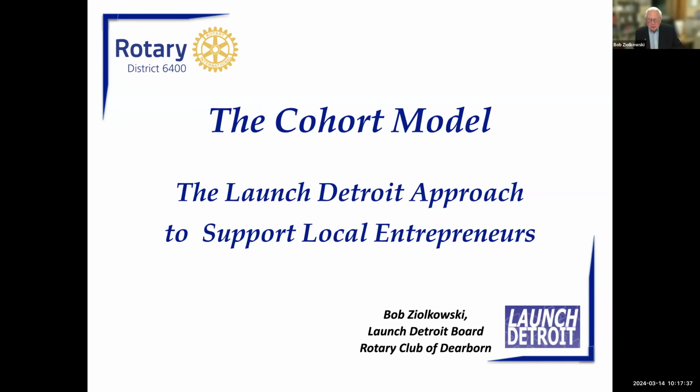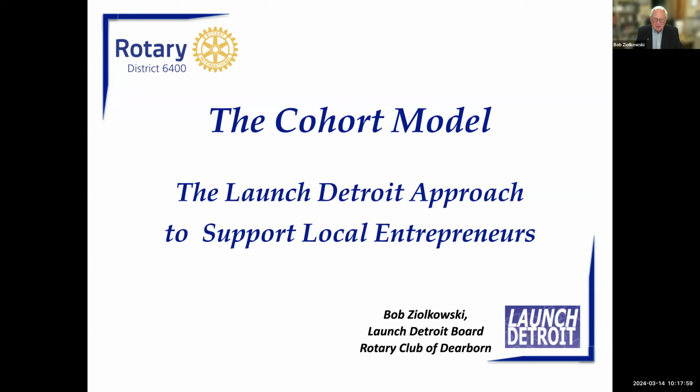The Launch Detroit program is now based on what we call the cohort model. This is a model that we are using now. It's not the original model for Launch Detroit. We had a very individual model beginning with our first class. And in our first group of entrepreneurs, I believe there were 12 entrepreneurs in that group.